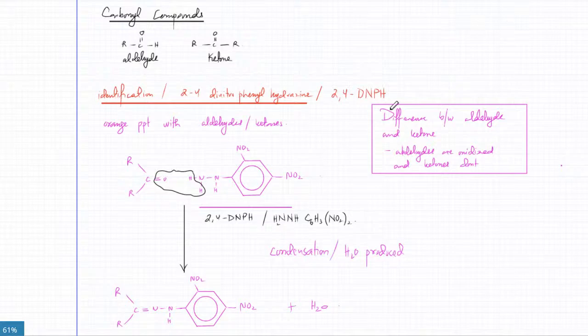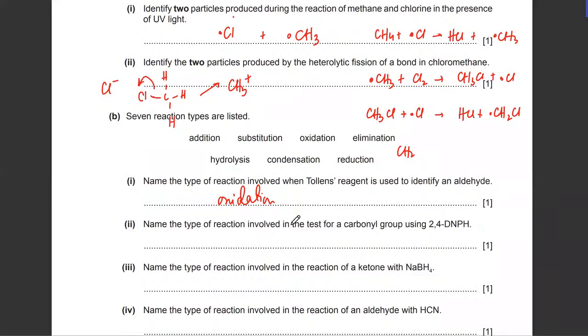This is 2,4-DNPH. You get an orange precipitate with aldehydes and ketones. So name the type of reaction involved in the test for a carbonyl group using 2,4-DNPH, that is condensation. Right? Is that clear?